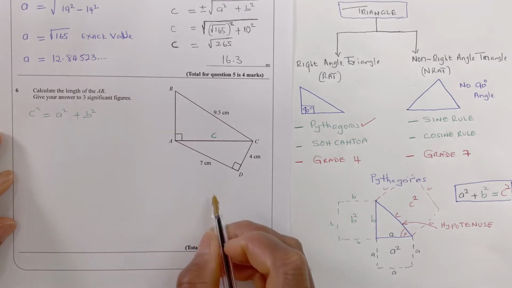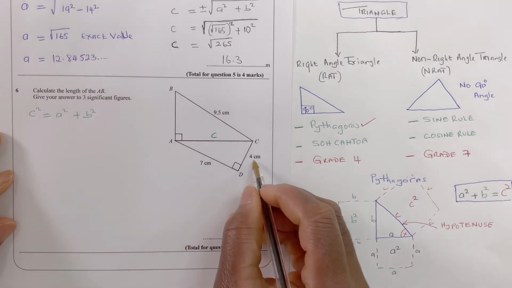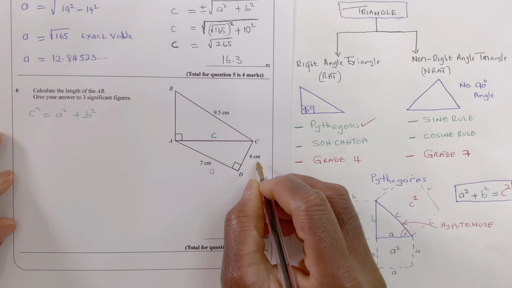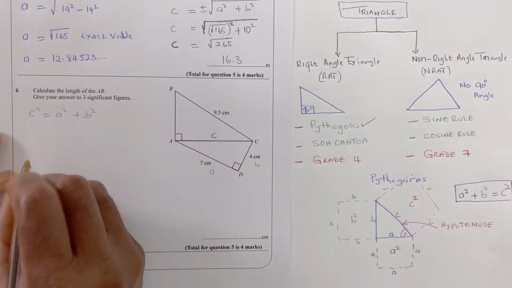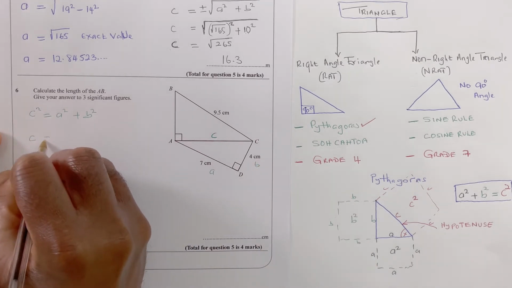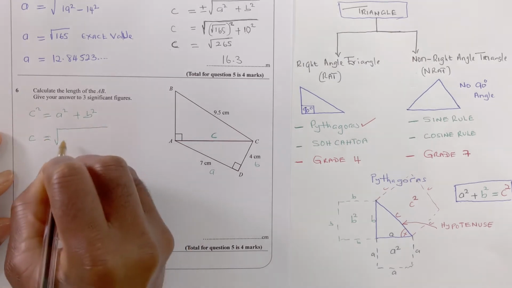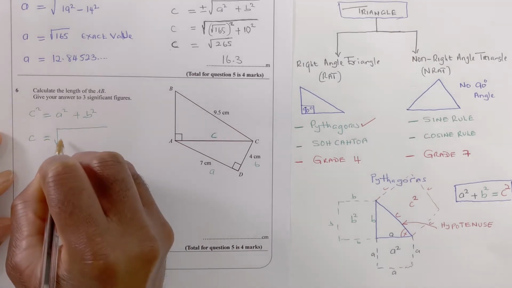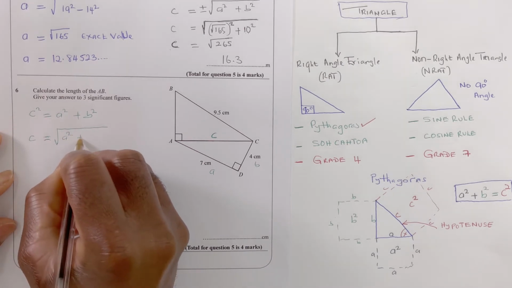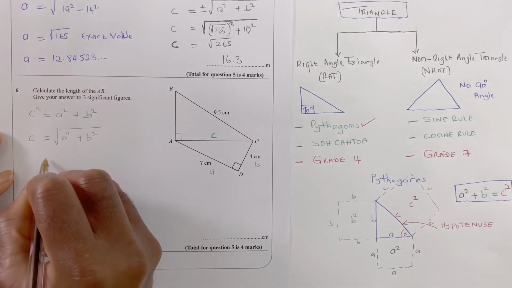It doesn't matter which one I call A or B. So if I call that A and that B, to find C I need to do the square root of A squared plus B squared.